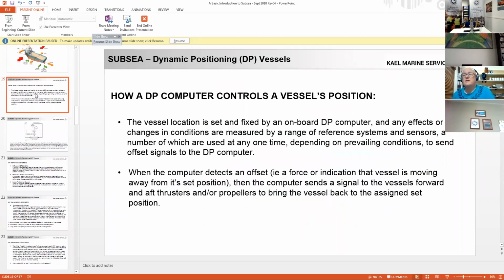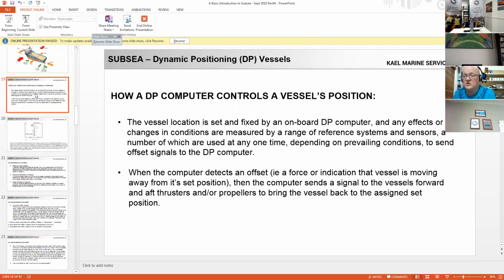So how does a DP computer control the vessel's position? The vessel location is set and fixed by an onboard DP computer, and any effects or changes in the conditions are measured by a range of reference systems and sensors, a number of which are used at any one time, depending on prevailing conditions, to send offset signals to the DP computer.